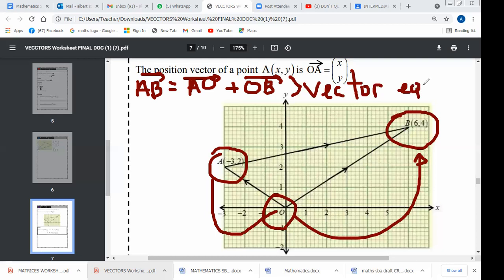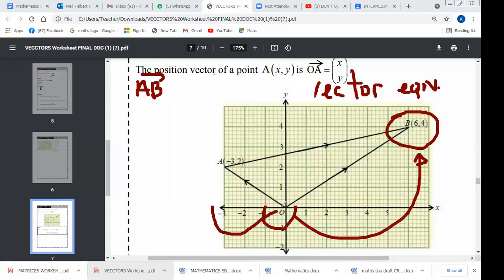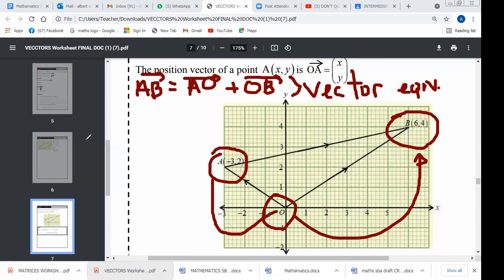Okay. All right, let me know when I can move on. I should be able to move on because you already have this diagram, aren't you?